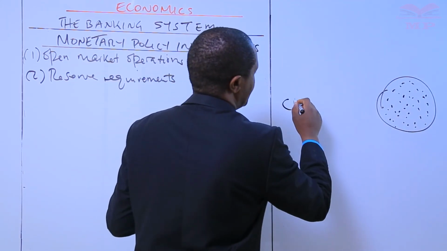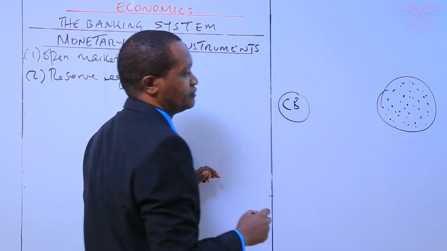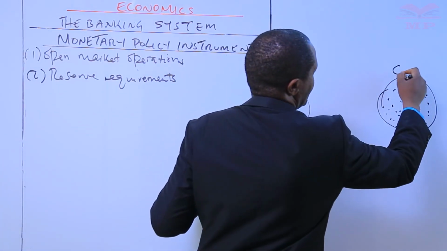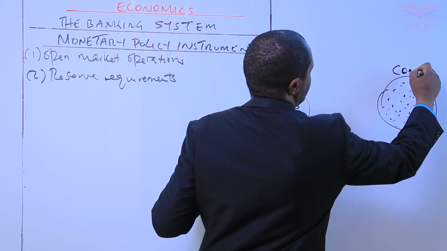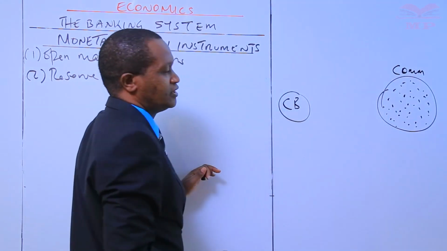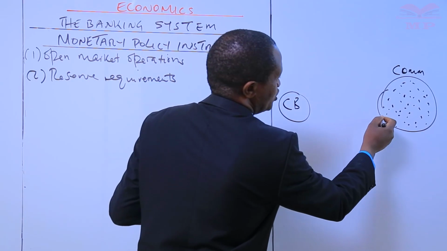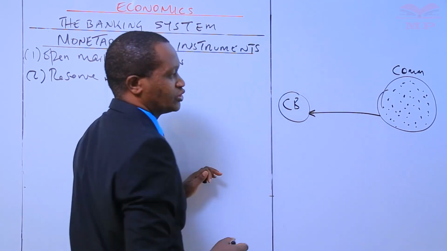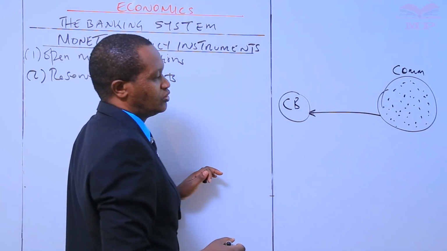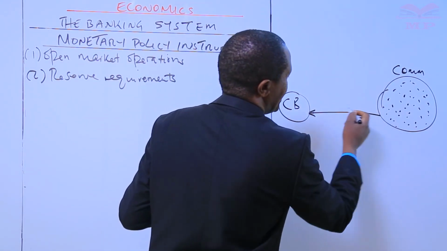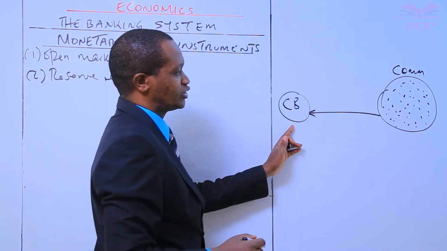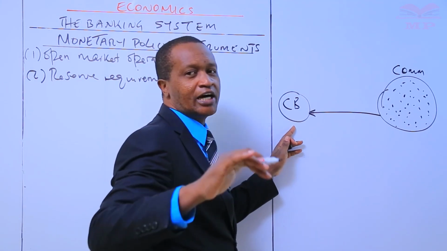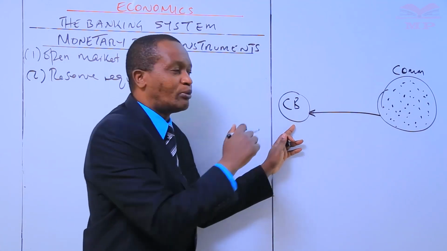The central bank may require these commercial banks to open accounts or to have some cash in hand at the central bank. Cash on hand or account balances at the central bank.